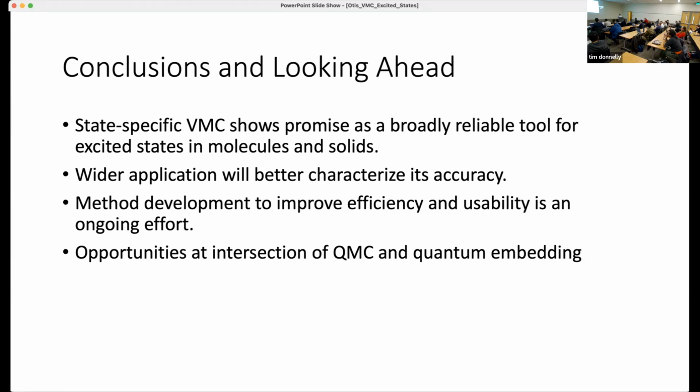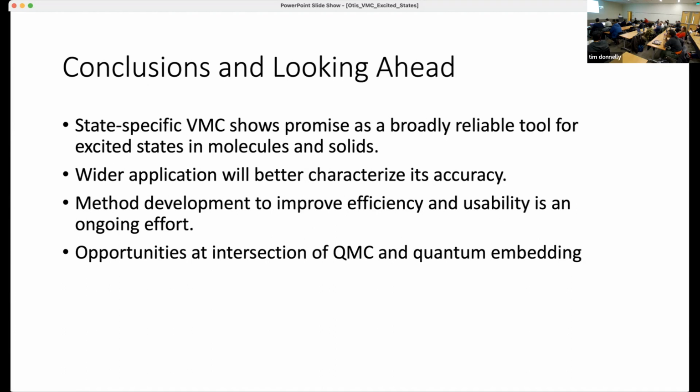of its accuracy. Its success so far has of course relied on having good wave function ansatz and some of the fundamental algorithmic work that I developed, but I think it's still always better to find more efficient ways of doing the VMC optimization and also making it more user-friendly. That is also an important effort.